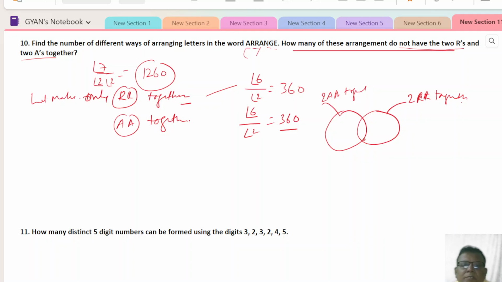So what will be this one? Both A and R together.